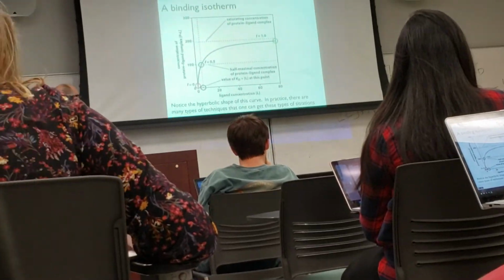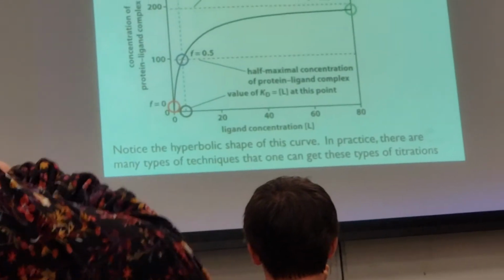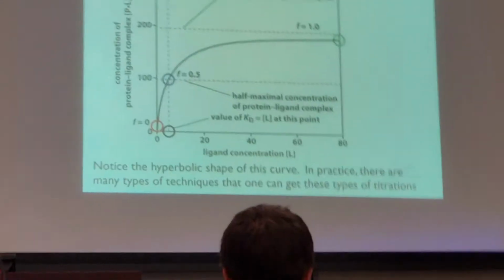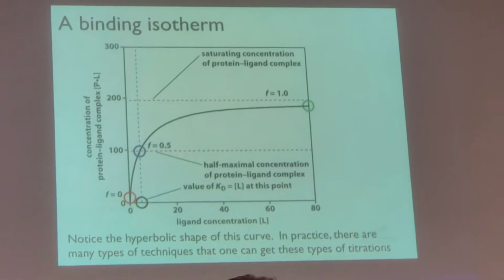Here's an example. It won't always be fractional saturation on the y-axis. It'll be any kind of response that we're interested in, and it will scale. It could be radioactivity, it could be fluorescence, what have you.